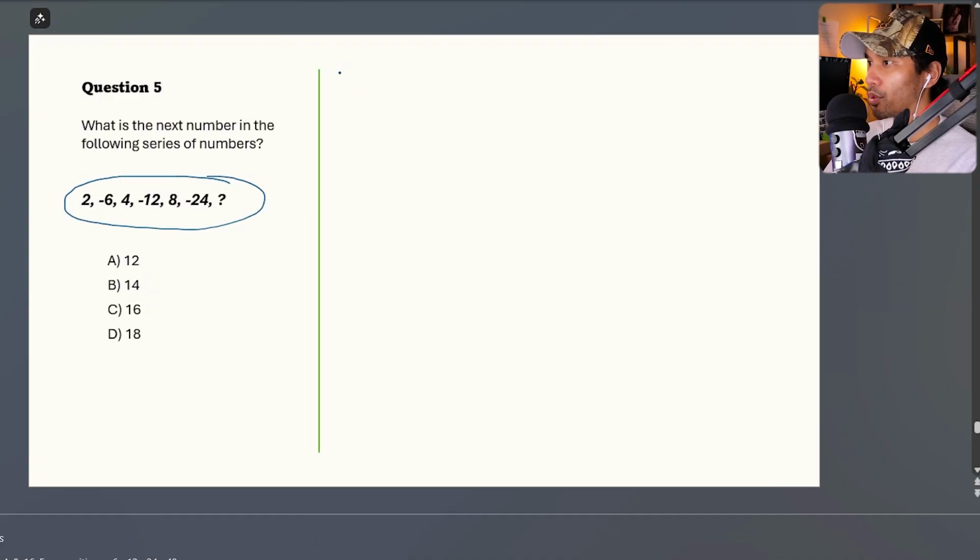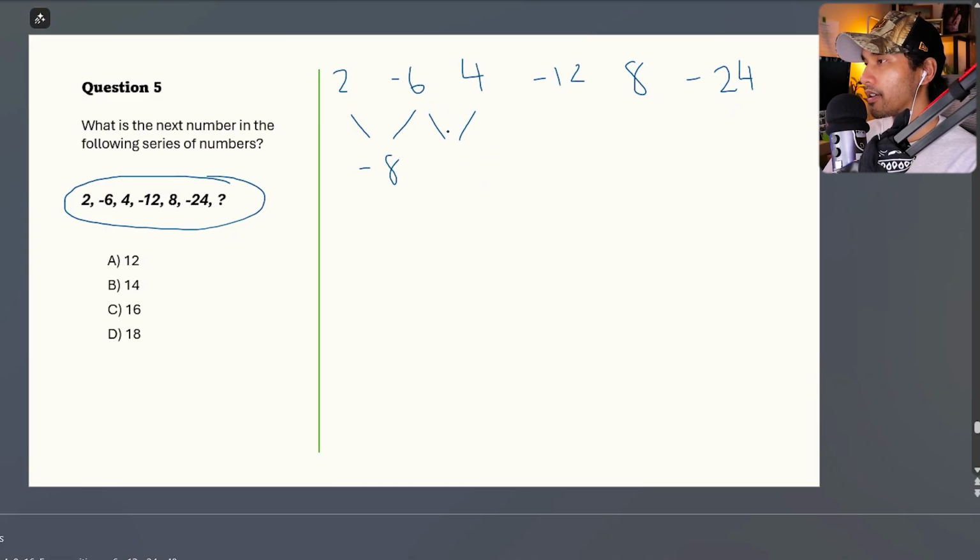Okay. So again, what I would do is just write everything down again. 2, -6, 4, -12, 8, -24. And then from 2 to -6, that is -8, right? -6 to 4, that is +10, I believe. +10, yeah. 4 to -12.